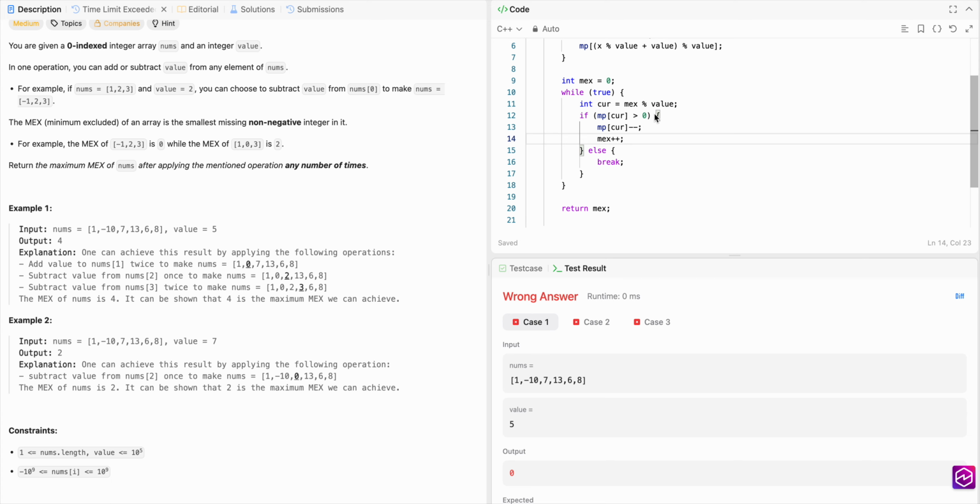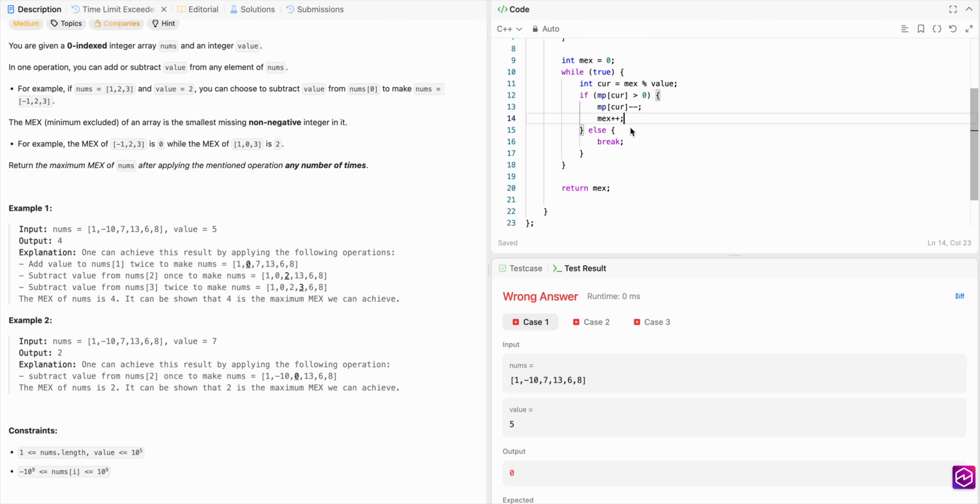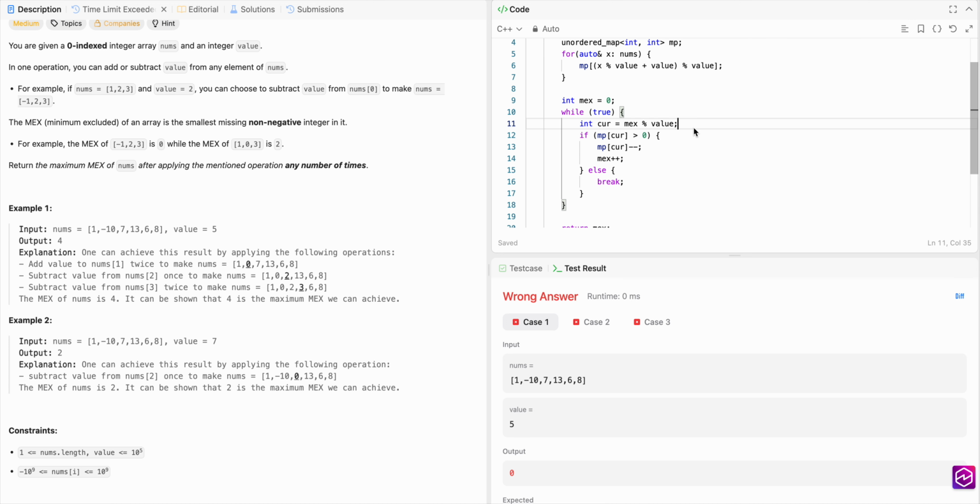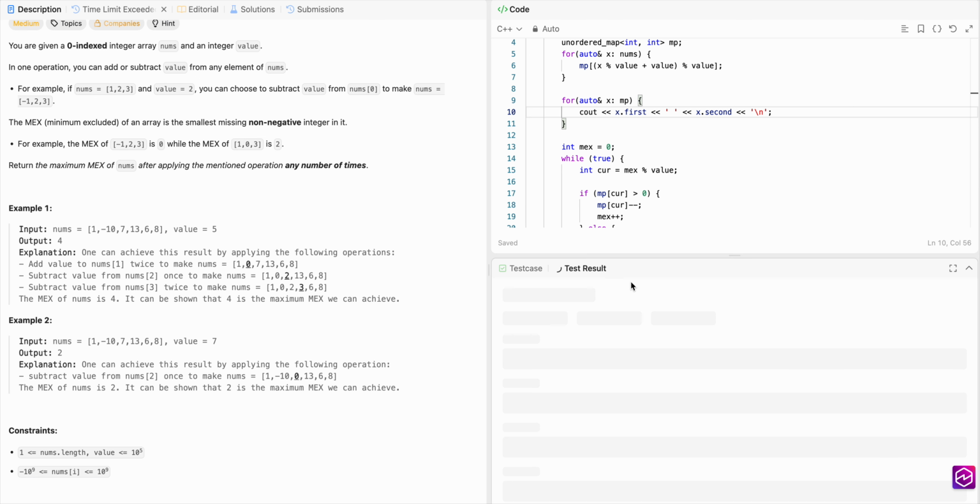Okay. What? Okay. So it is 0. I can just go through the map and I can check. What?